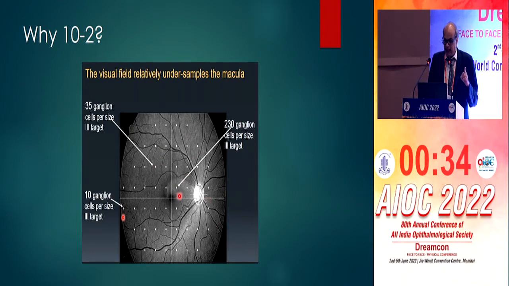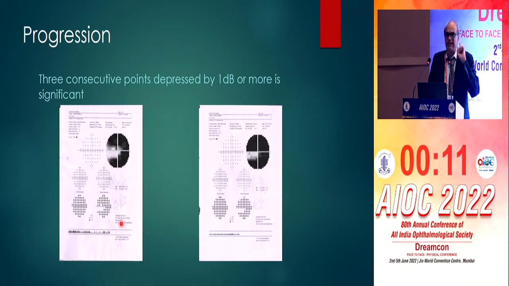And remember that with spot size 3, almost 230 ganglion cells' function can be assessed by one single point in the central area, while in the peripheral area, only 10 ganglion cells are present for stimulus size 3. So obviously the central area is more important for all advanced glaucoma.